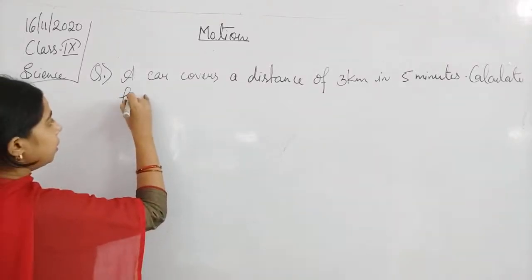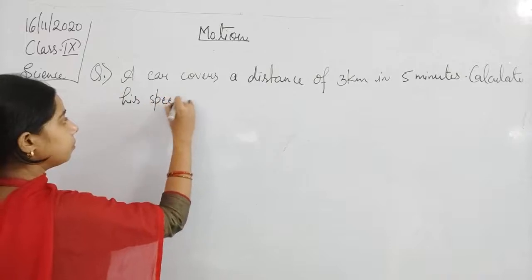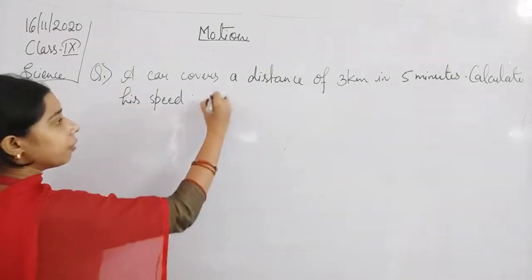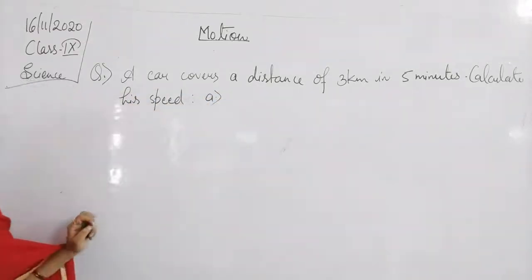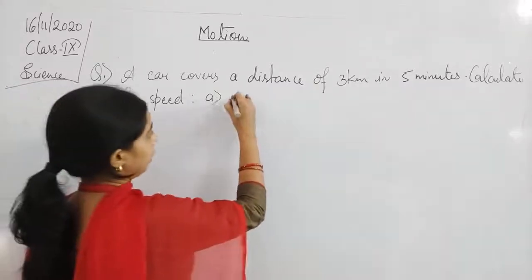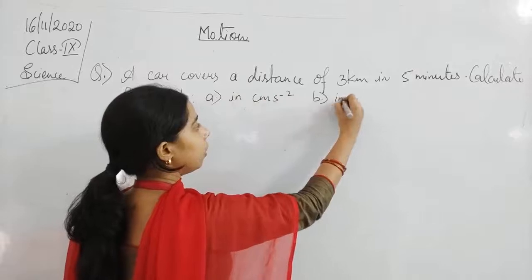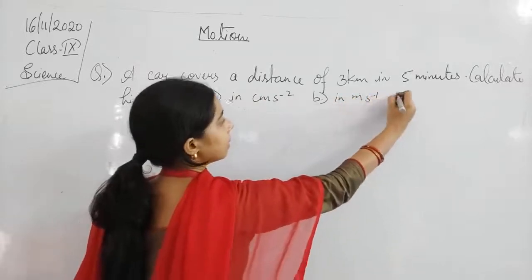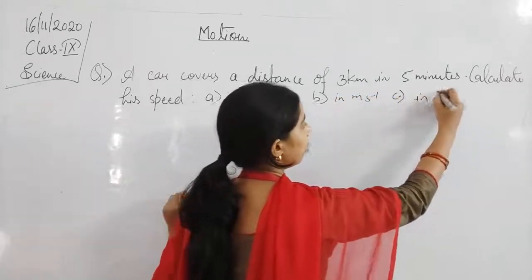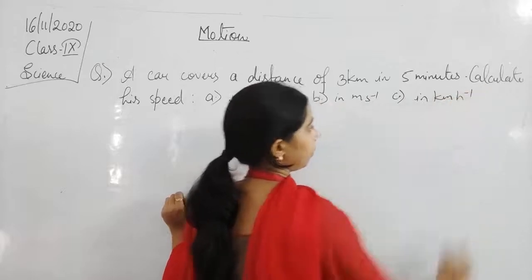Calculate its speed. How to calculate? A, in centimeter per second. B, in meter per second. And C, in kilometer per hour.